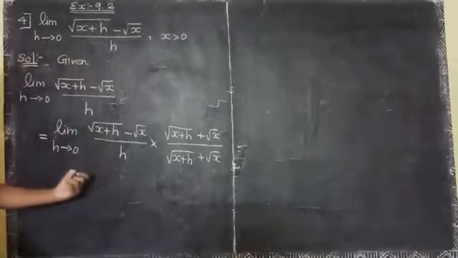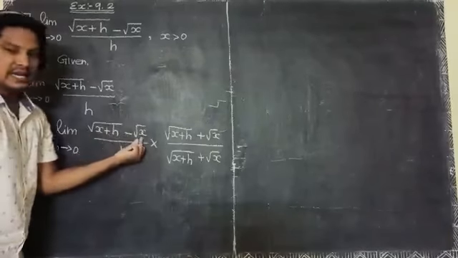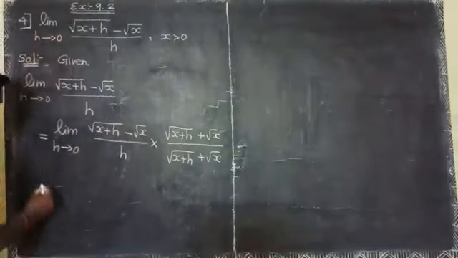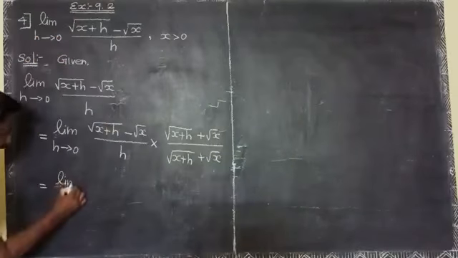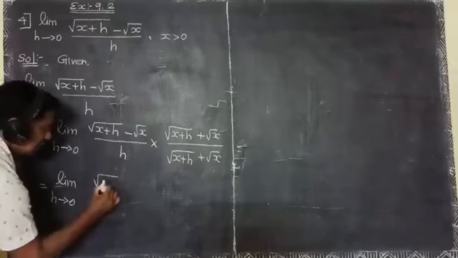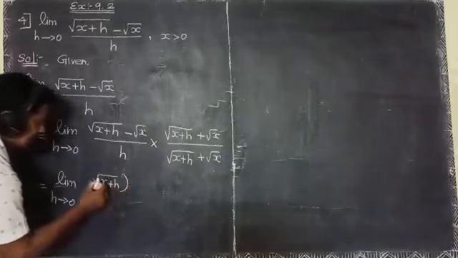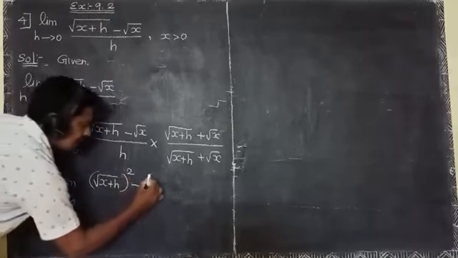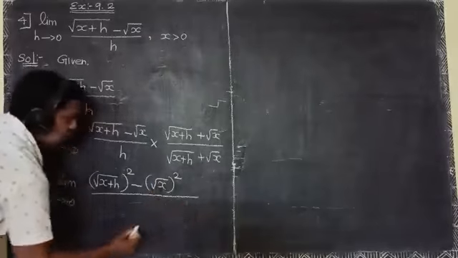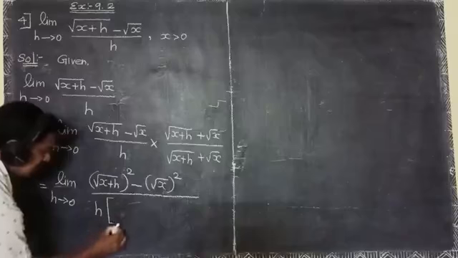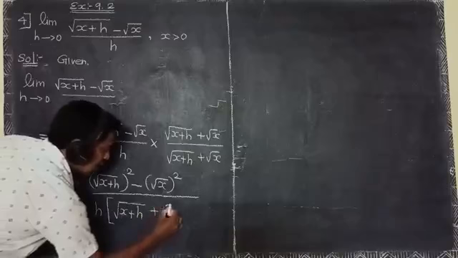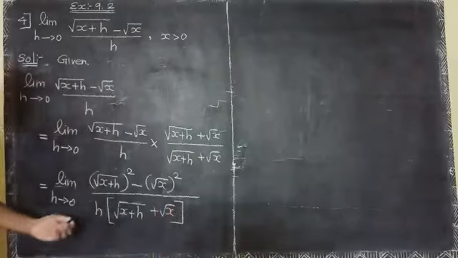The numerator has the form a minus b into a plus b, which can be written as a square minus b square. The denominator has h into square root of x plus h plus square root of x.